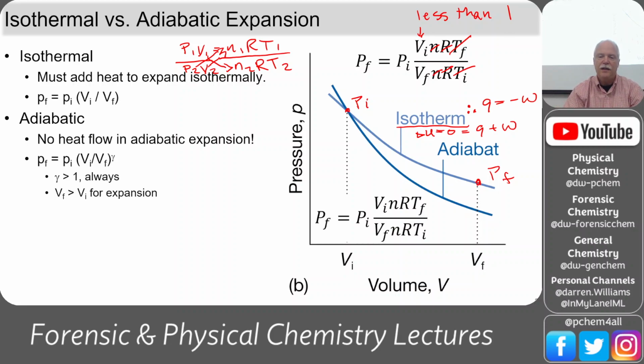So in this case, the TF over TI don't cancel. The moles and the gas constant still cancel, but TF and TI are not the same for the adiabatic. So here we have PF and TF. And here we have PI and TI. And over here, this PF, this is still TI, right?